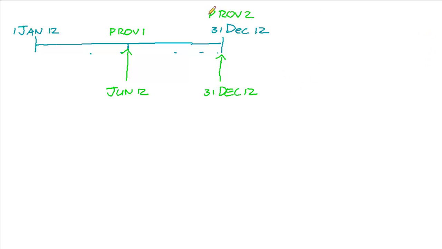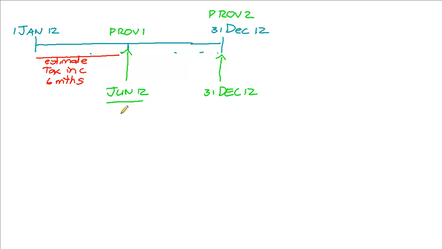Up till this point, in June 2012, the company will not yet know what their income for the year is. They will simply have an estimate of the taxable income for the first 6 months. So provisional payment number 1 is based on an estimate of taxable income for the first 6 months.